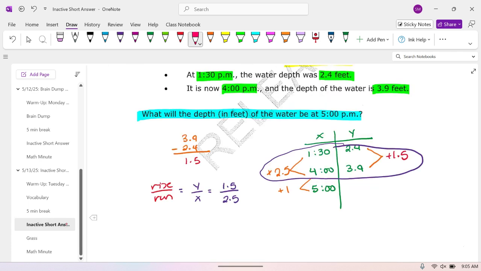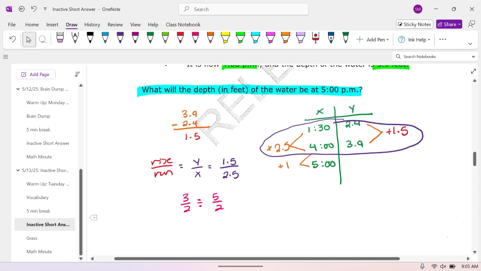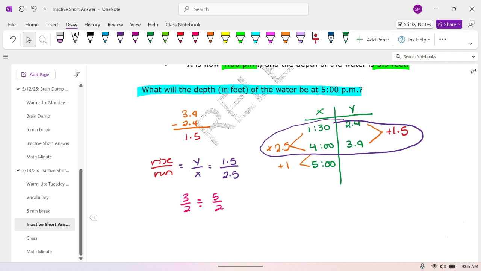So if we divide these fractions, 3 halves divided by 5 halves, we know how to divide fractions, right? How do we divide fractions? Keep, change, flip. So we would get 3 halves times 2 over 5. So this would be, if we multiplied that across, 6 over 10, which is 3/5.